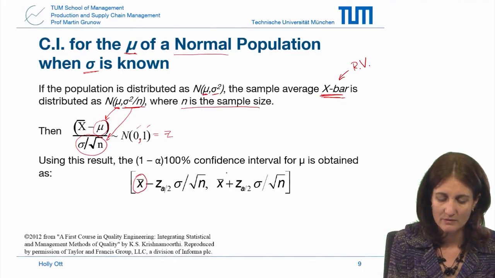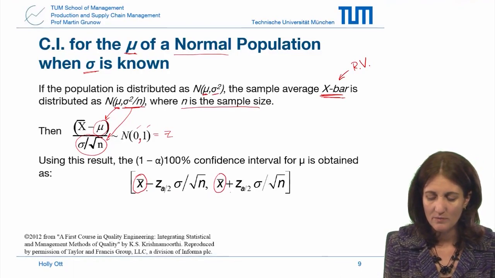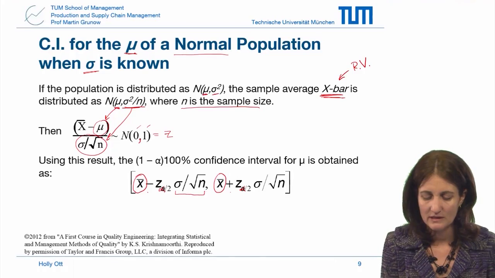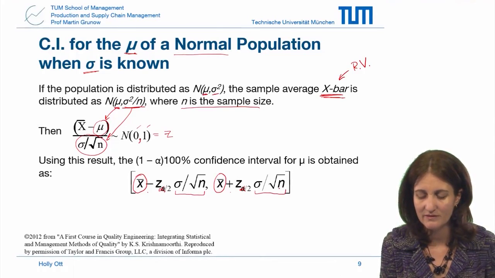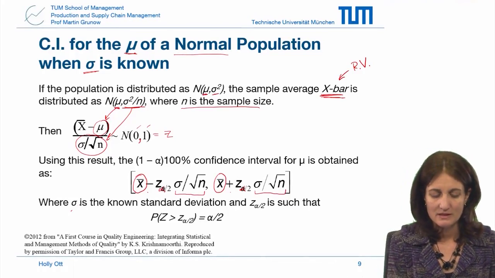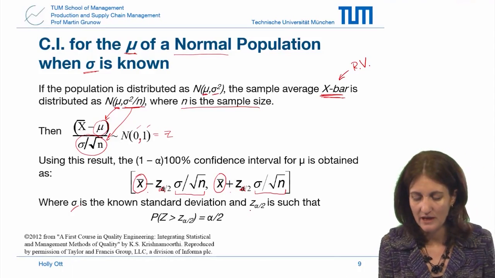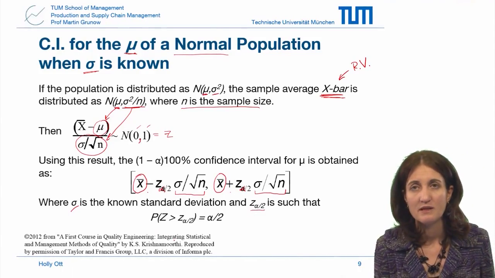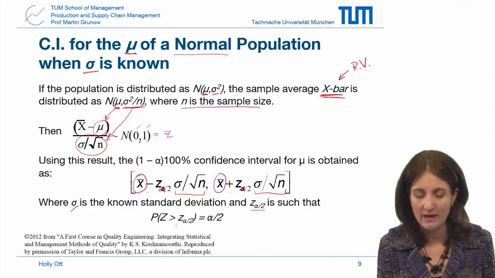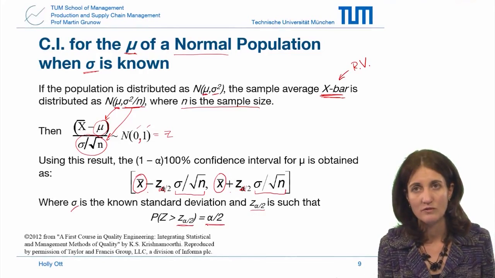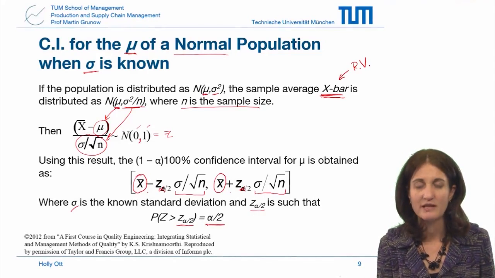Our random variable x bar plus or minus z alpha over 2 times the standard deviation sigma over the square root of n, where sigma is the known standard deviation and z alpha over 2 is such that the probability that the random variable z is greater than the z alpha over 2 value is equal to alpha over 2. And I show this on the next page.